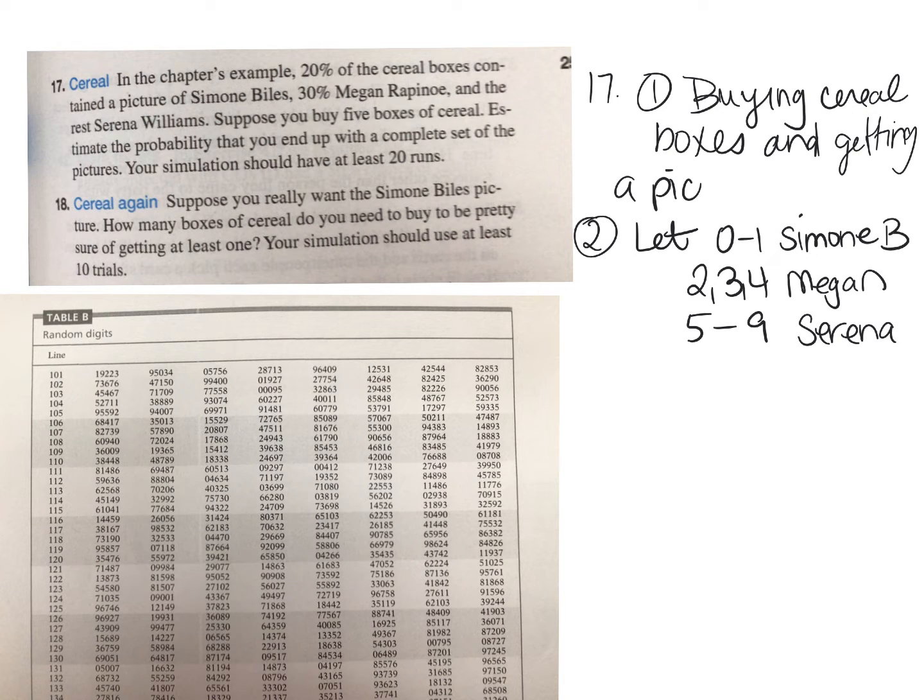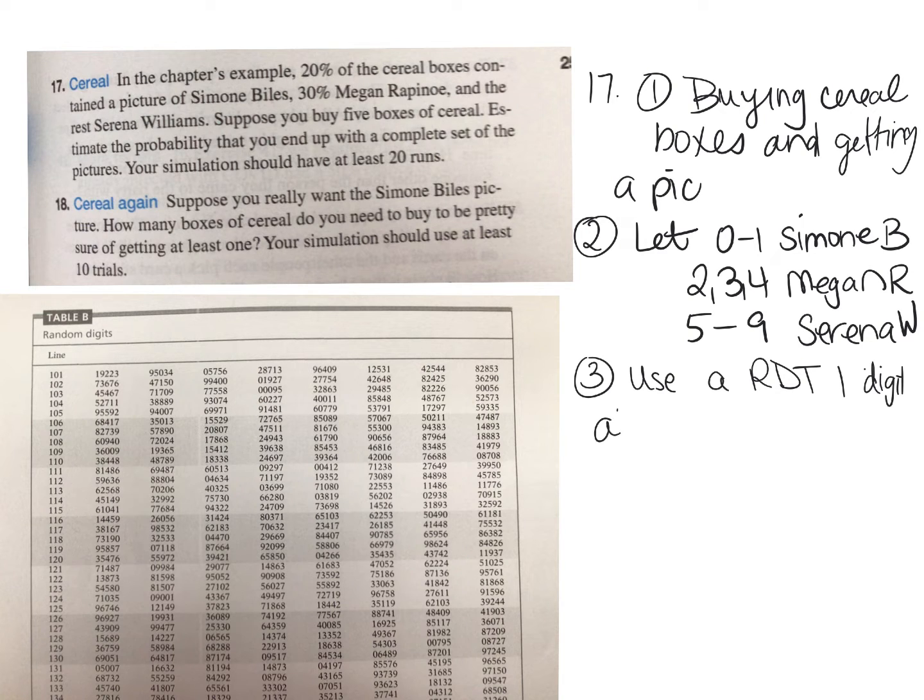Because there's Simone and Serena, I'm going to use the last initial when I go through my random digit table, one digit at a time.